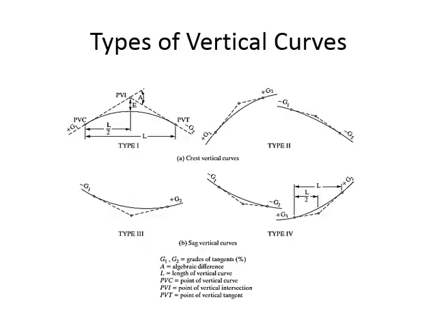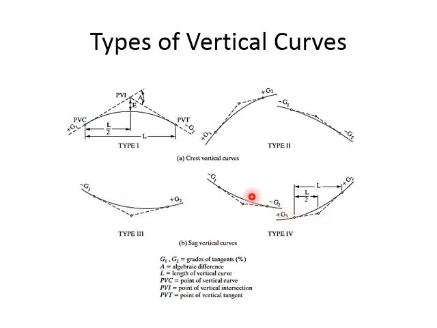So vertical curves are divided into two main types, crest curves and sag curves, and then within each type we have two subtypes. These curves are the crest curves, and you can see their curvature is going upwards, and these are the sag curves, and their curvature is pointing downwards.